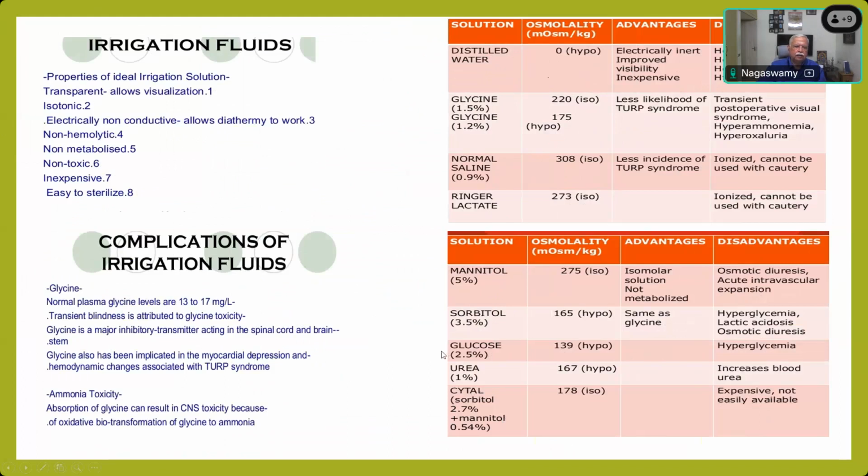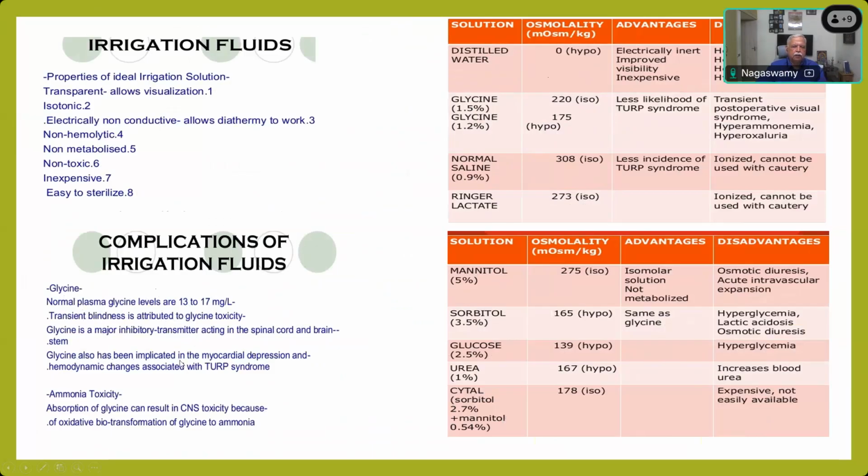And the complications of irrigating fluids, especially glycine: the normal plasma glycine level is 13 to 17 milligram, so they may ask you this. Transient blindness is attributed to glycine toxicity. Glycine is a major inhibitory transmitter acting on the spinal cord and brain stem.